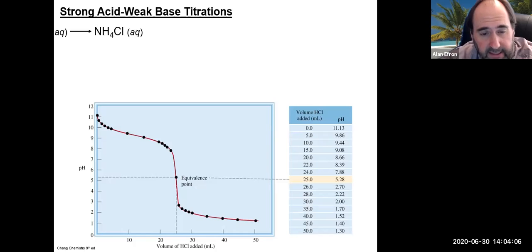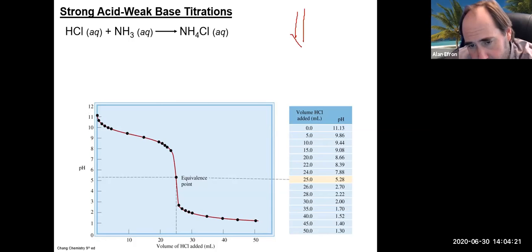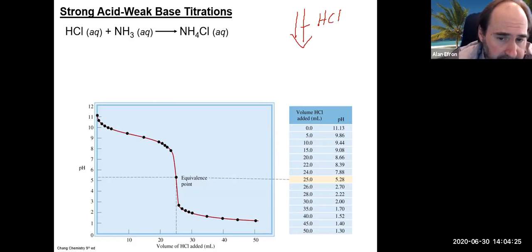Then let's talk about the last type of titration here. And this is a titration of a strong acid with a weak base. So the setup here is a little bit different. In this setup, in the burette, is actually the strong acid. So the HCl would be up in the burette. Down here in the beaker, or the flask, would be our weak base.